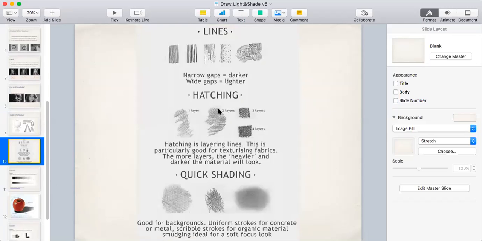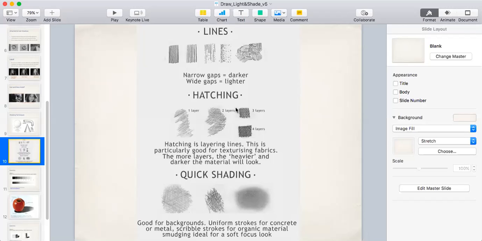If you're using pencil, because it is more pressure sensitive, when you stroke harder it becomes darker. If you stroke softer, then it is lighter. But if you are using pen, it is less pressure sensitive, so we'll maybe make use of the number of lines to determine the darkness and lightness.